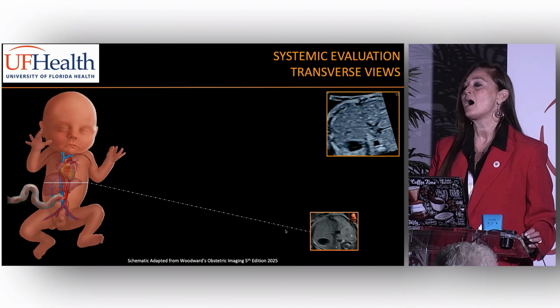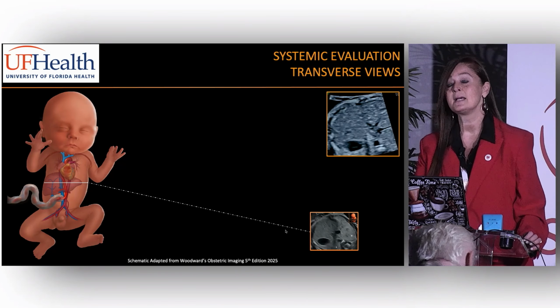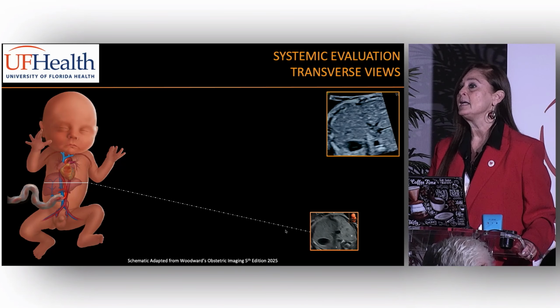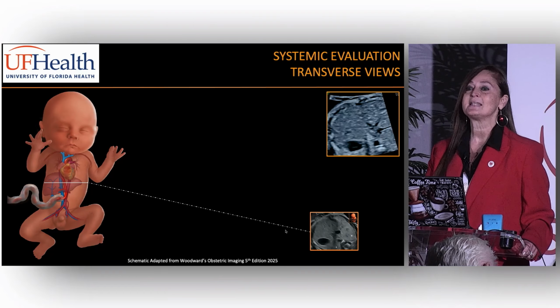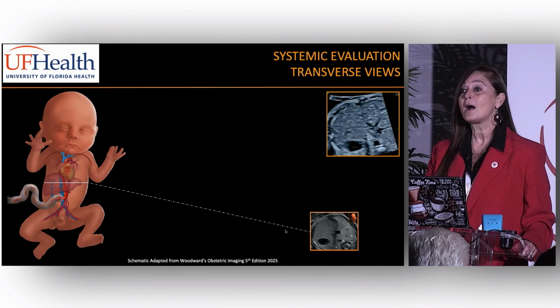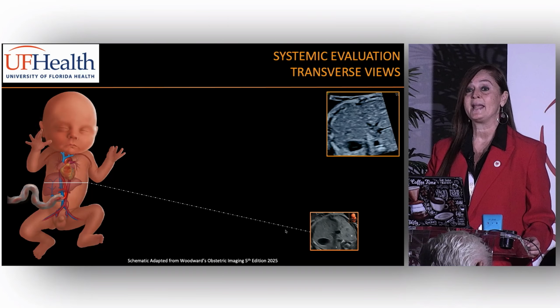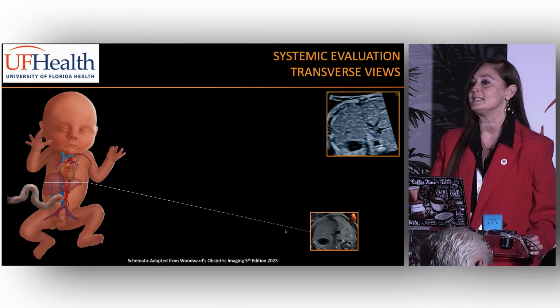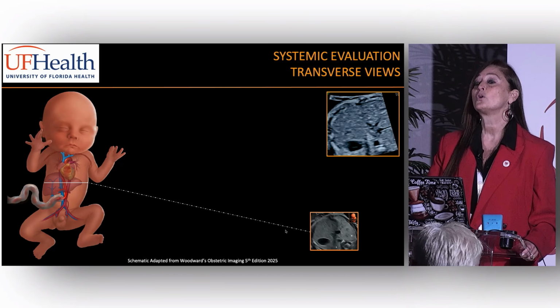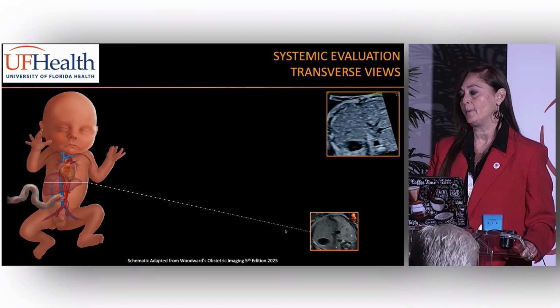And I highlight this point because, if none of us are screening for the heart yet, but we are obtaining biometry, you are technically obtaining that abdominal circumference plane. And the argument is, if you can obtain an abdominal circumference plane and you know where that fetal head is, and you slowly sweep up, you're going to be able to accomplish so much.